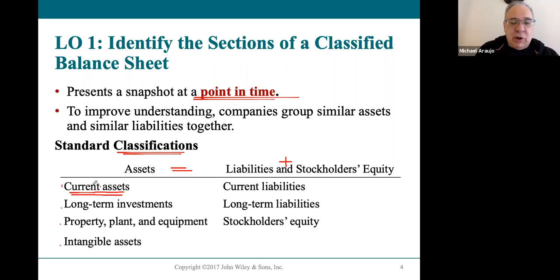Current assets, the word current in accounting simply represents a time period of less than a year. You'll also notice too that liabilities have an account classification also called current. So the current assets are the ones we're going to be turning into cash or using up within a year. Current liabilities are those debts that we need to pay within this year.